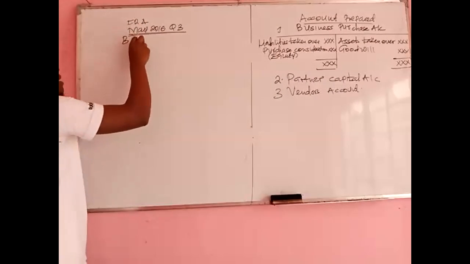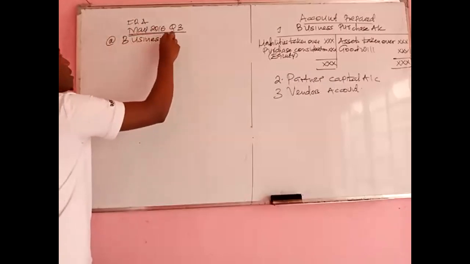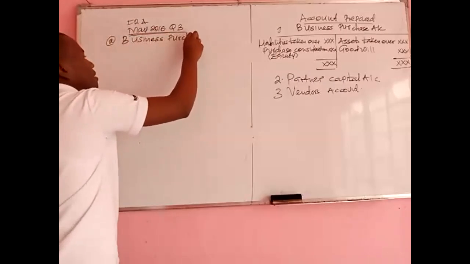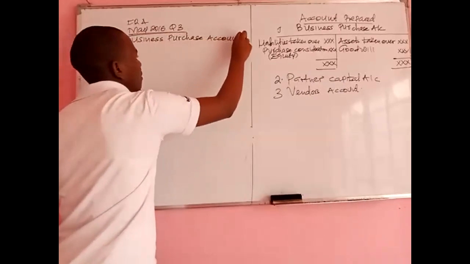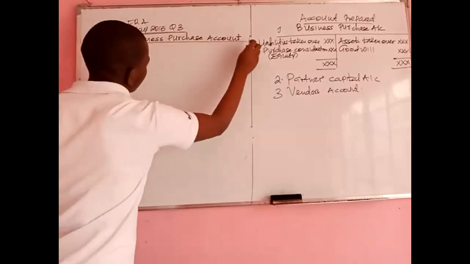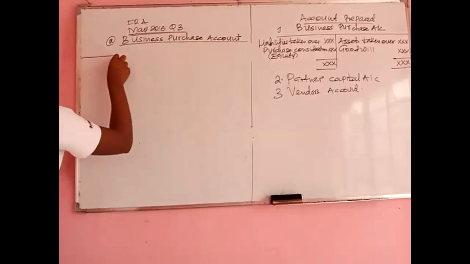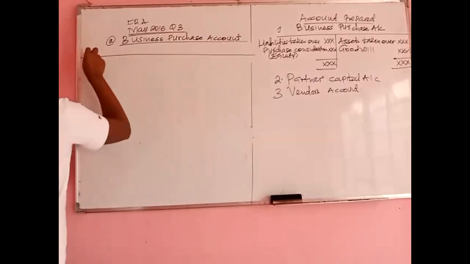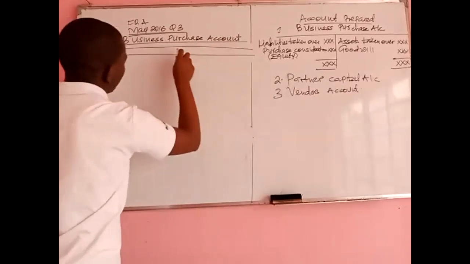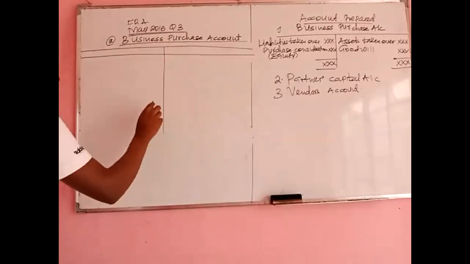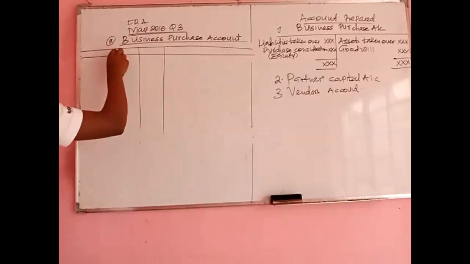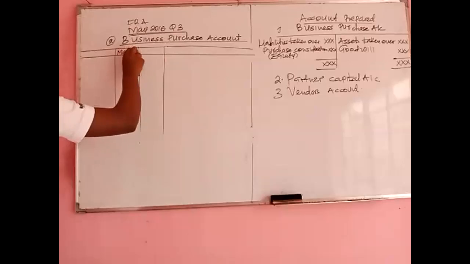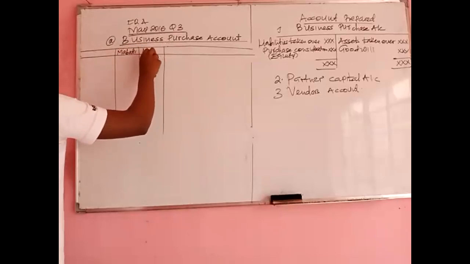So I'll begin with A, which is the business purchase account. Business purchase account, and here we have 2 companies, right? Yes. So Mabati, then we have Nyumba.